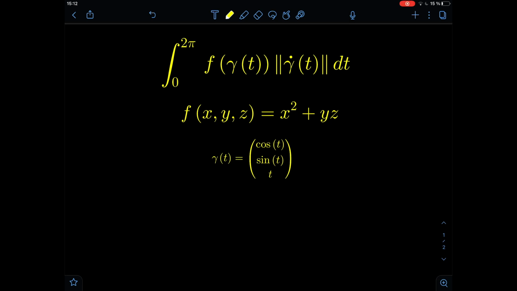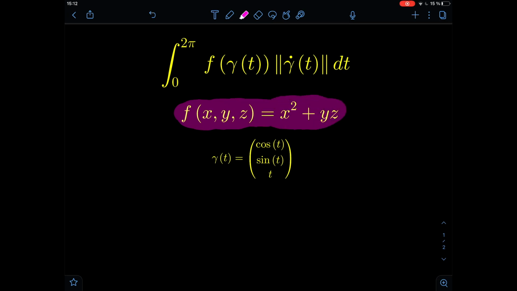Today we're going to calculate the curve integral of a scalar function, which will be f of x, y, z is equal to x squared plus yz. And we're integrating this scalar function along the curve gamma of t being cosine t, sine t, and t. So the vector with the three components.